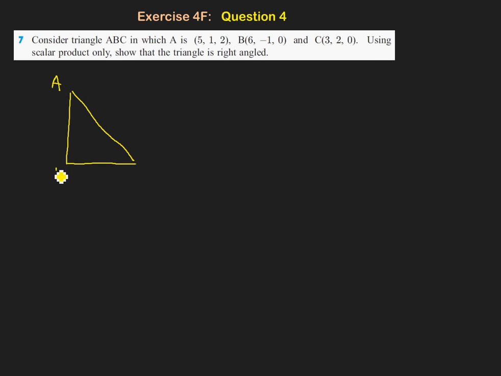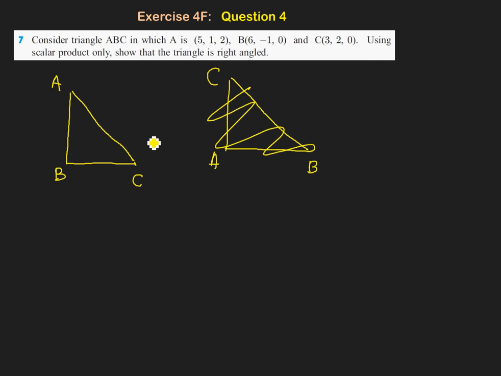I'm just simply sketching, I could be wrong with the sketch, right? You just beware of that. The right angle triangle could look like this. It could be any of these, but it doesn't matter, just use this to explain what I want to say.